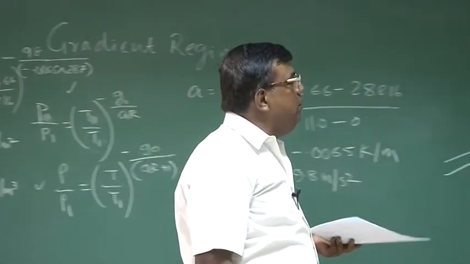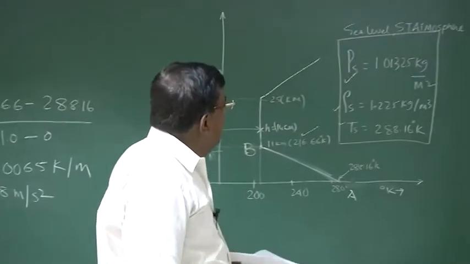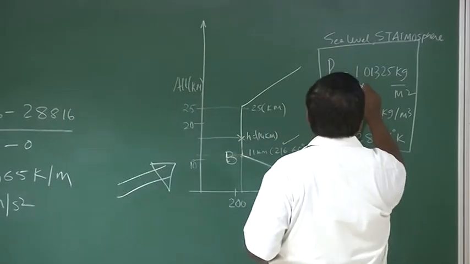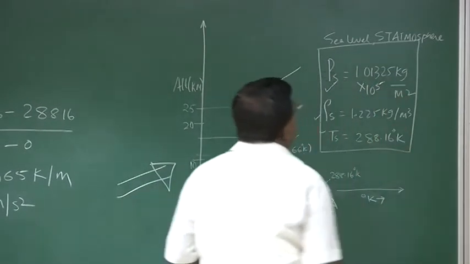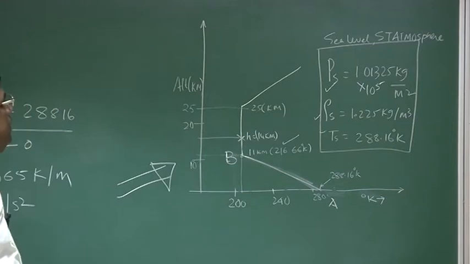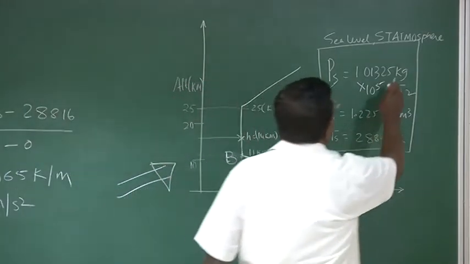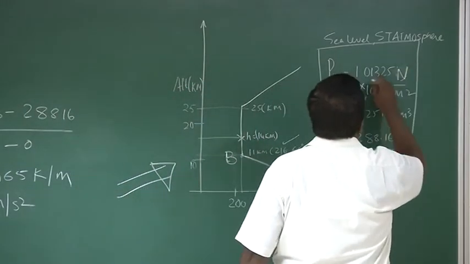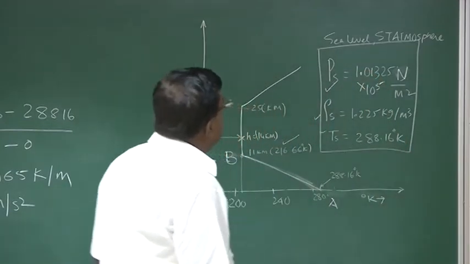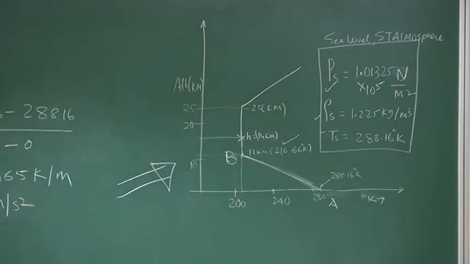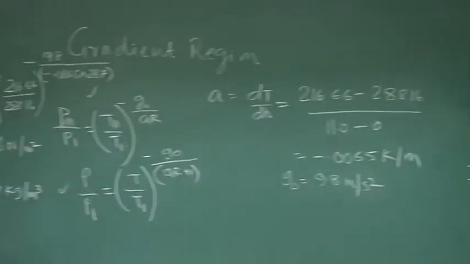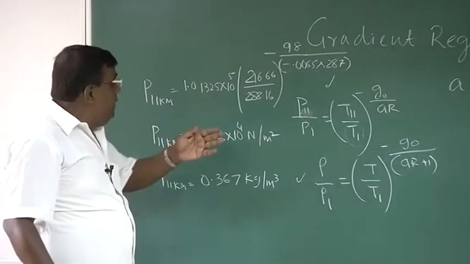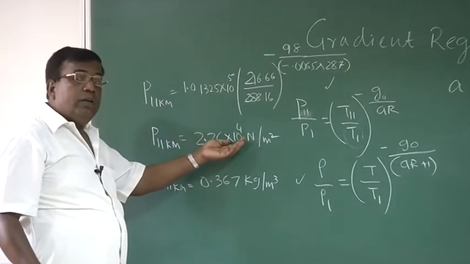It is 1.01325 into 10 to the power 5 Newton per meter square. It was 1.01 into 10 to the power 5, and here it is 2 into 10 to the power 4.